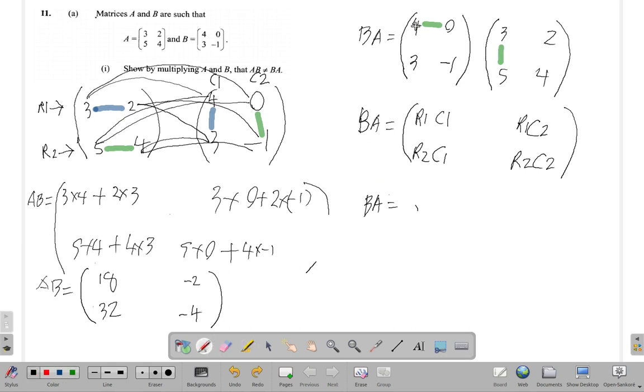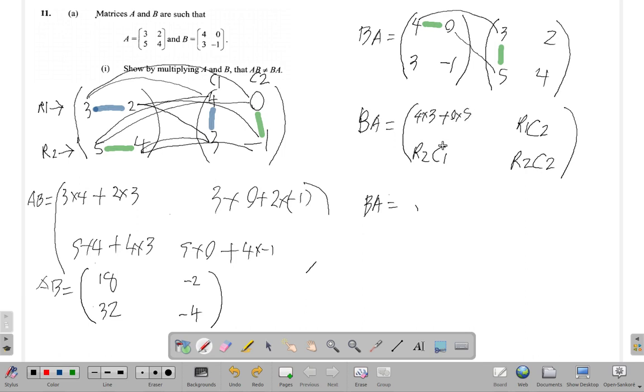The first element in row 1 is 4 times the first element in column 1, which is 3, 4 by 3, plus the second elements, 0 by 5.